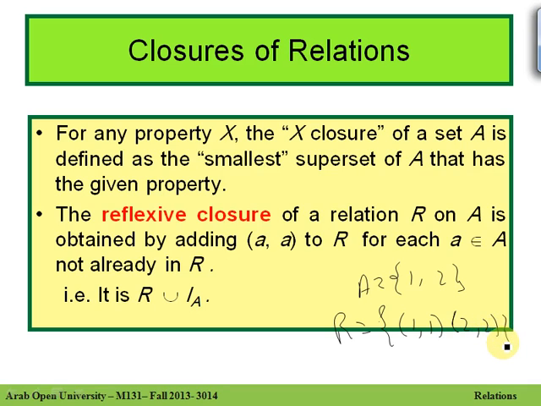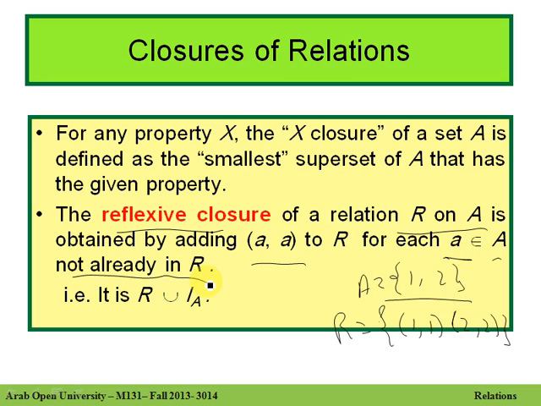Now in the reflexive closure, for any relation R on a set A, it is obtained by adding these 1 1 or 2 2, or any element for each a belonging to the set which is not already in R.